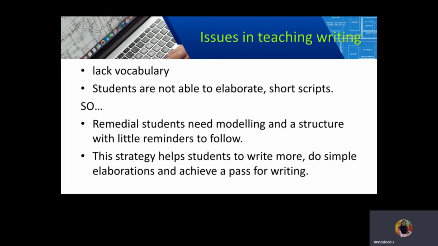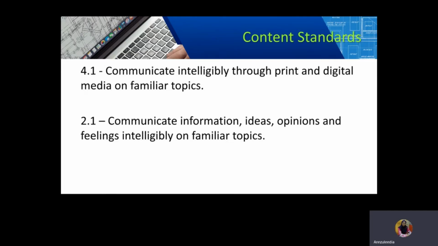So are we ready? Let's try this out. The content standard that I'm taking here is from the Form 4 KSSM syllabus. The main skill is 4.1, which is to communicate intelligibly through print and digital media on familiar topics. The complementary skill would be 2.1, to communicate information, ideas, opinions, and feelings intelligibly on familiar topics. What about the learning standards?